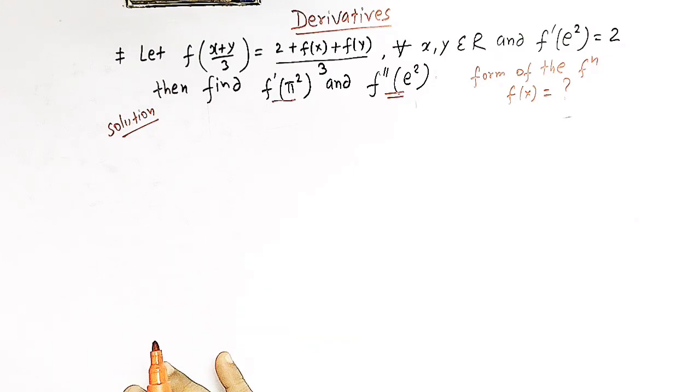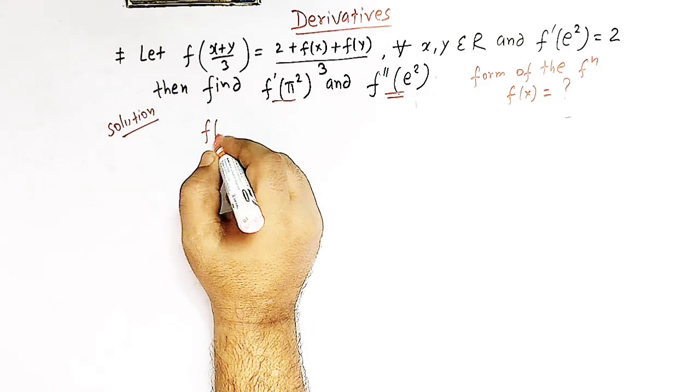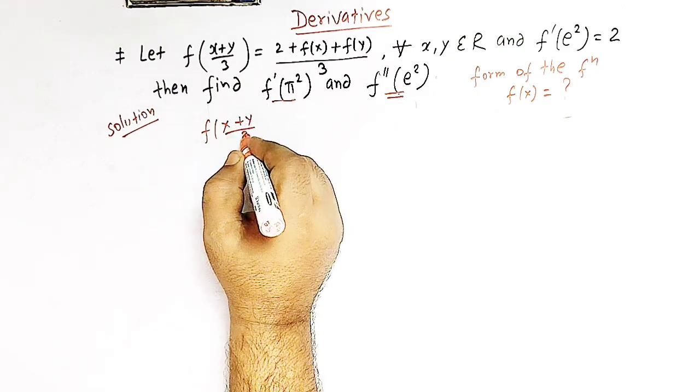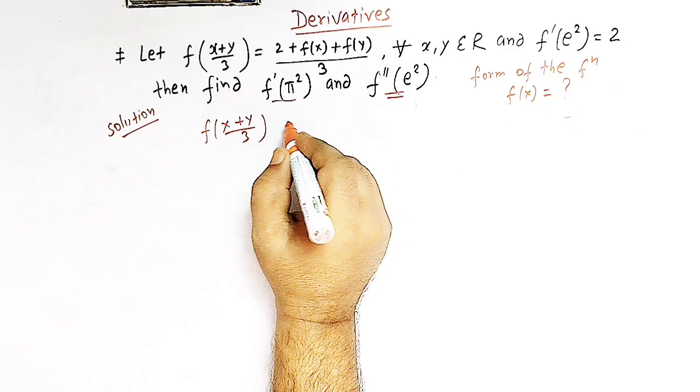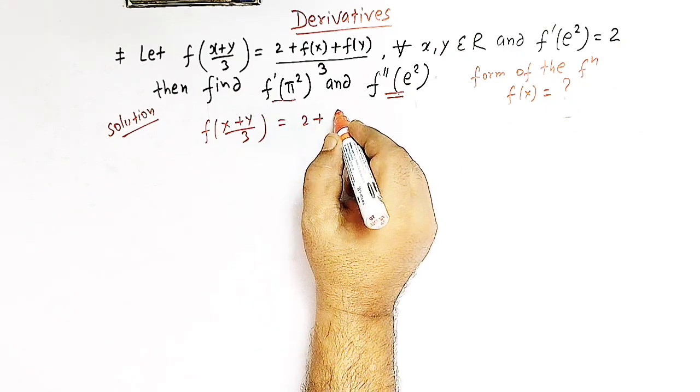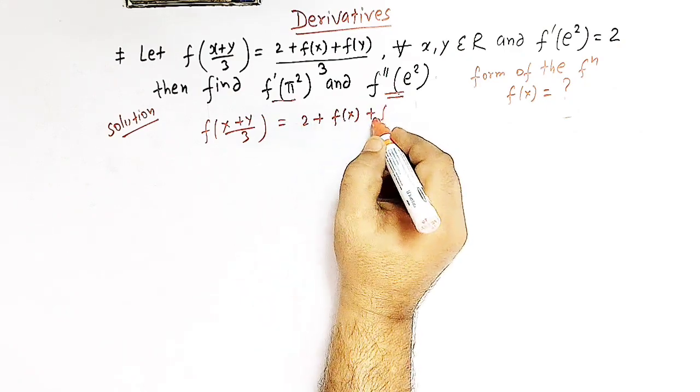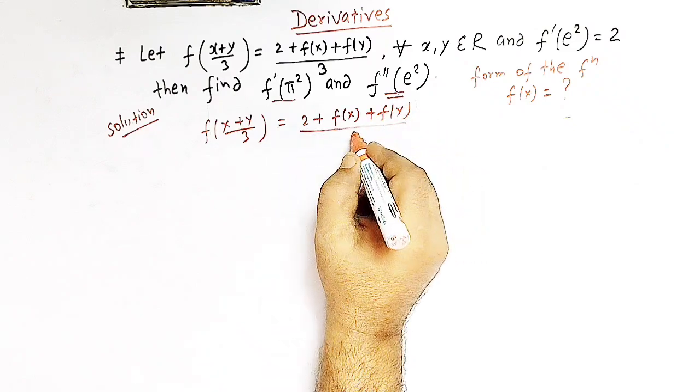So what we will do, we'll take help of the concept of partial differentiation. We are given f of (x plus y) over 3, and this is equal to (2 plus f of x plus f of y) divided by 3.